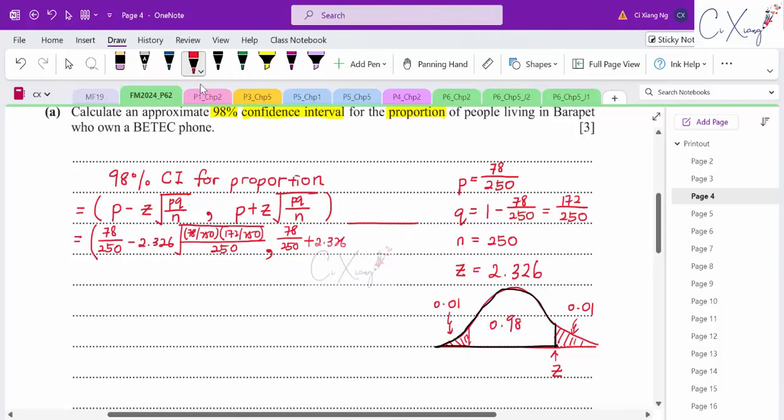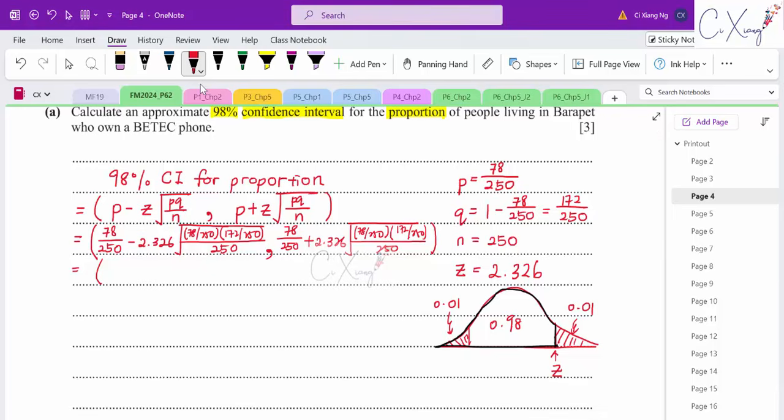Okay, so please make sure that you substitute all the values correctly, and with the help of a calculator, kindly get an answer. So maybe you need to really practice and see whether you're able to get the answer correctly or not when pressing the calculator.